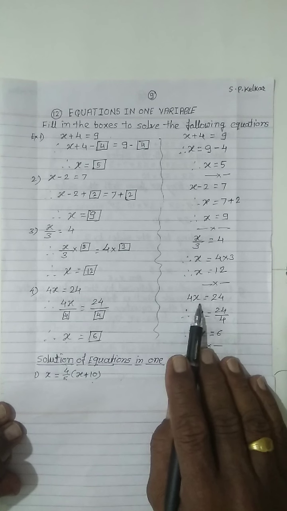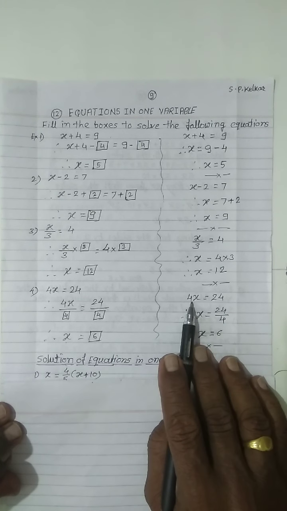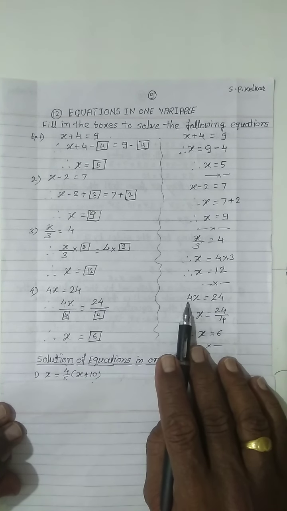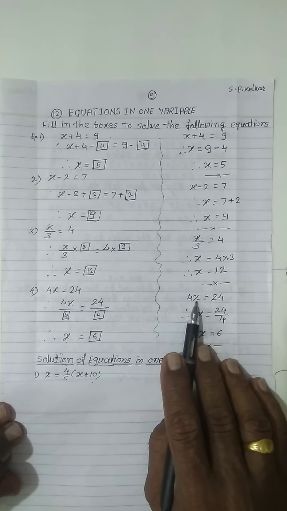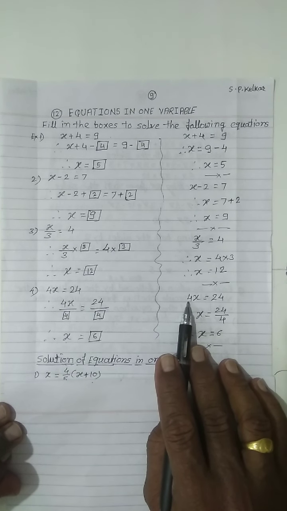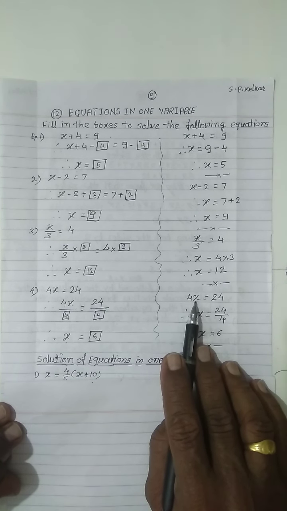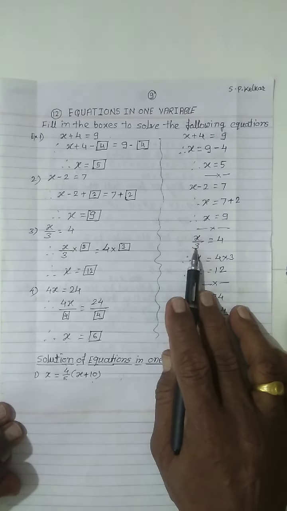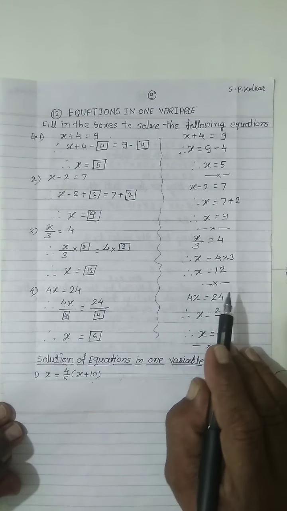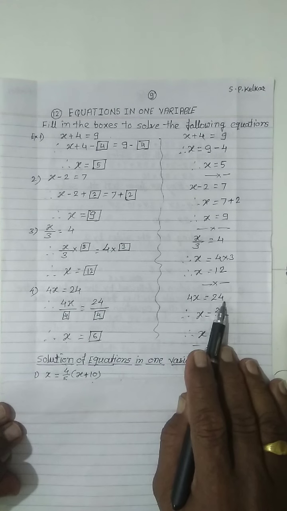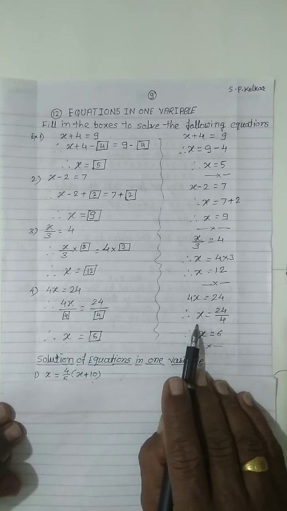Then here 4x equal to 24. In this position 4 is in the form of multiplication with x. Here 3 was in the form of division. So this 4 goes to the right side and divides the 24.